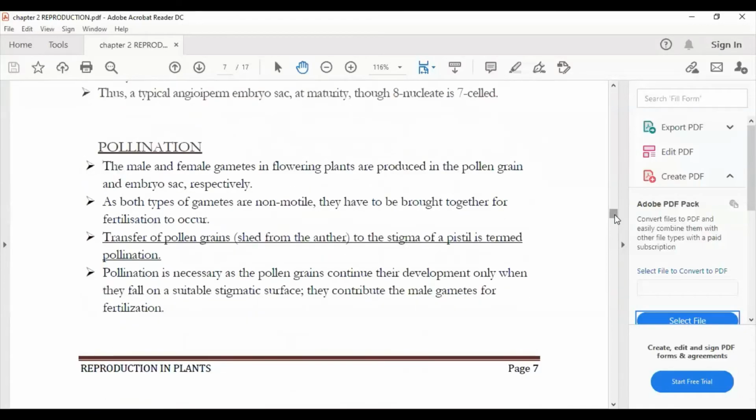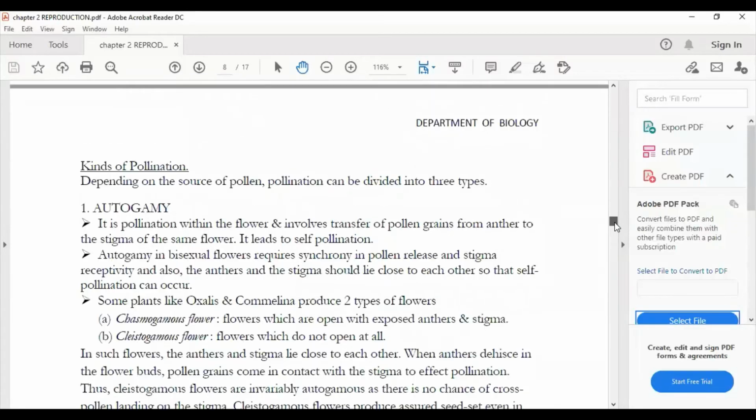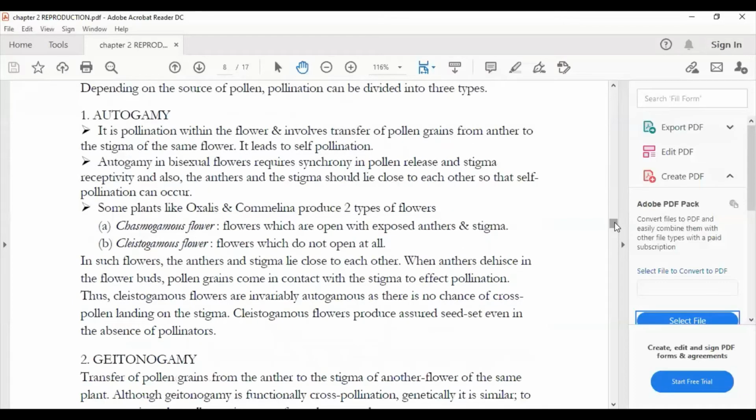Moving on to the next concept, that is pollination. Make a note of the definition of pollination, which can be asked again for 1 mark. Kinds of pollination is a definitely asked question. The first kind of pollination is autogamy, followed by 2 types of flower, that is chasmogamous flower and cleistogamous flower.